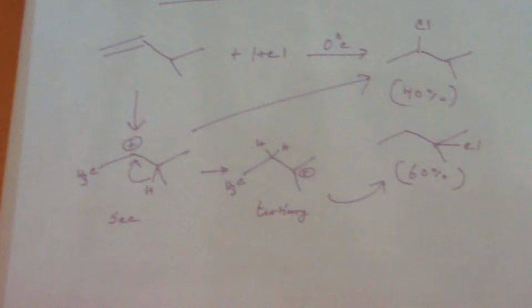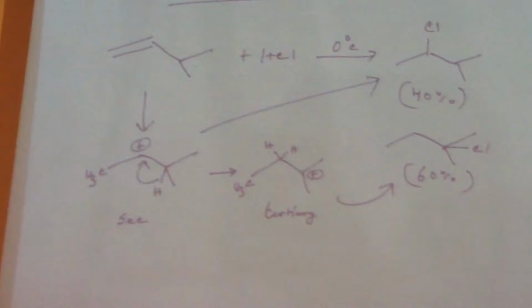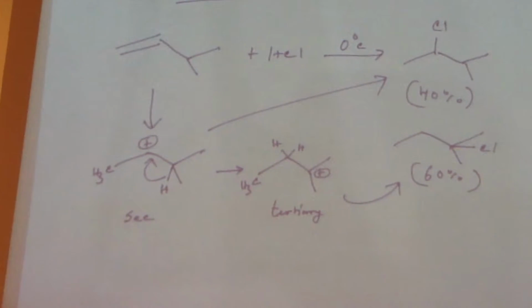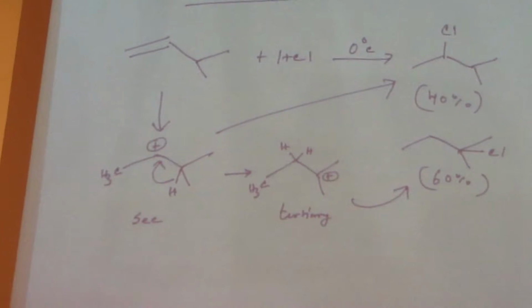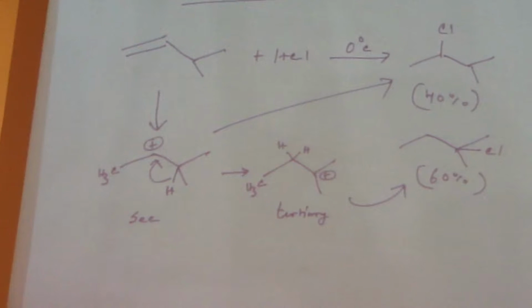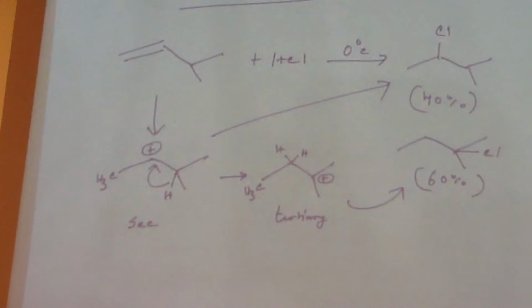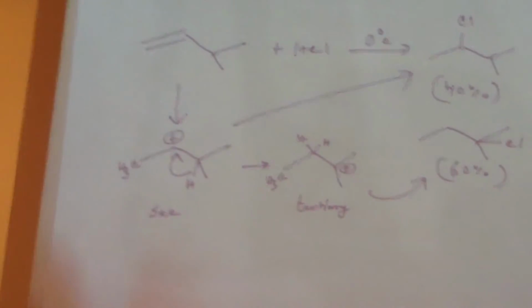And of course there are other examples of similar type that were seen. Now moving on to addition: in addition to hydrogen halide, you can have other types of groups added to the carbon-carbon double bond. And one of the common ones is the addition of a water molecule.